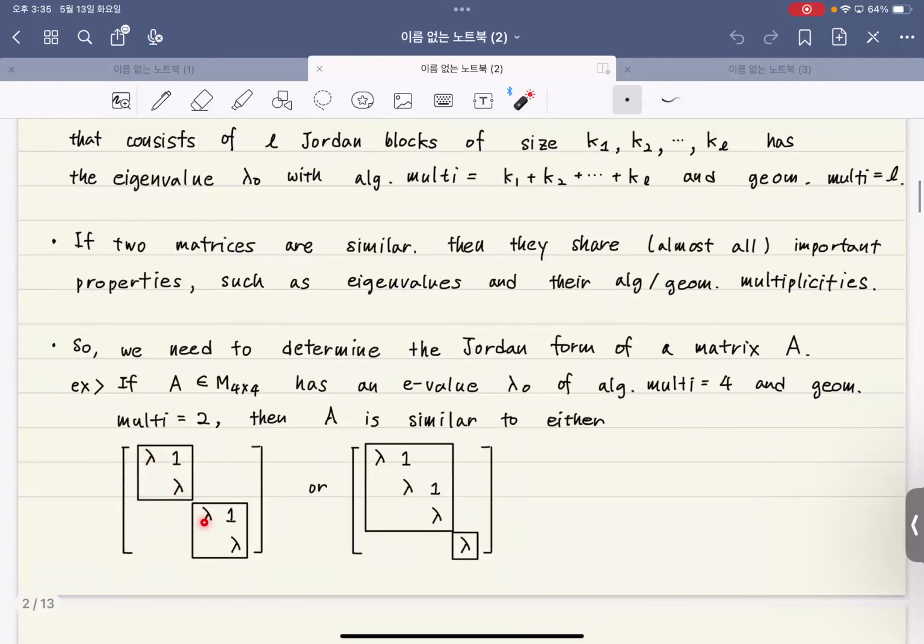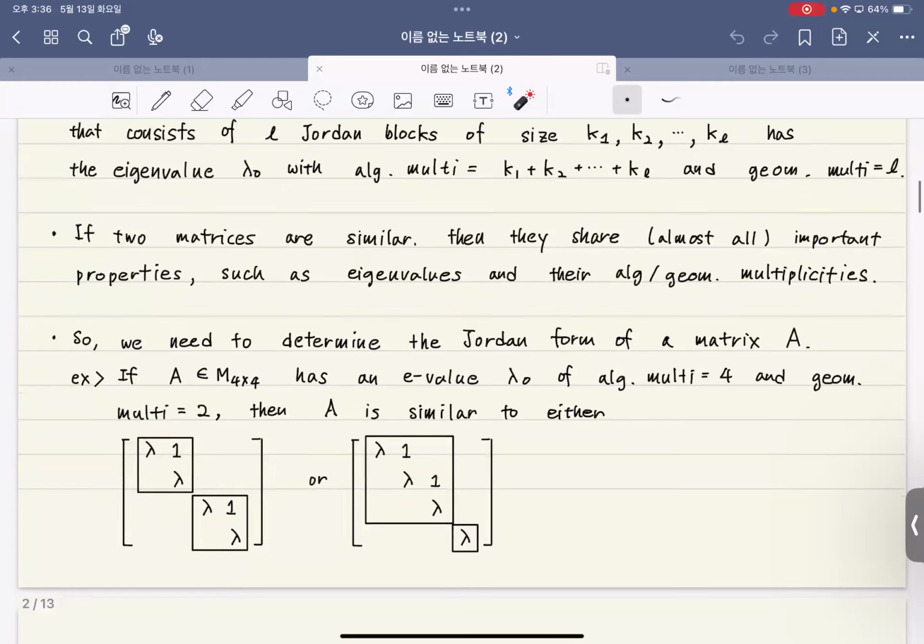Because for both of these cases, the algebraic multiplicities of lambda are 4 and 4, because the size equals 4, and it has 2 blocks. Therefore, its geometric multiplicity is 2 and 2. So there are actually 2 possible options. Also, you don't need to worry about the order of these Jordan blocks.